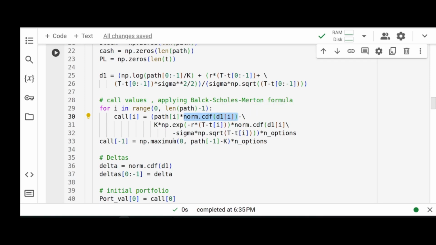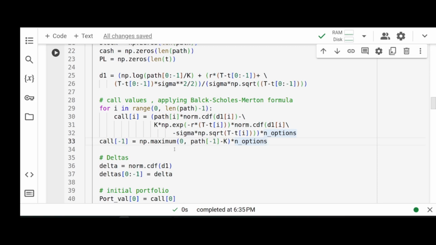K is the strike price, and so on, as you can see from the video. Also, the call price at maturity, index -1, at the end of the array, is the maximum of 0 or the price at maturity minus K, times the number of options.